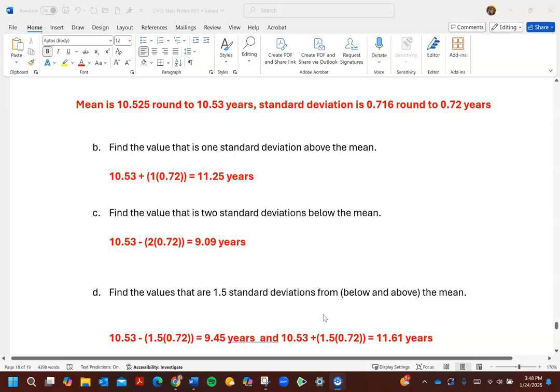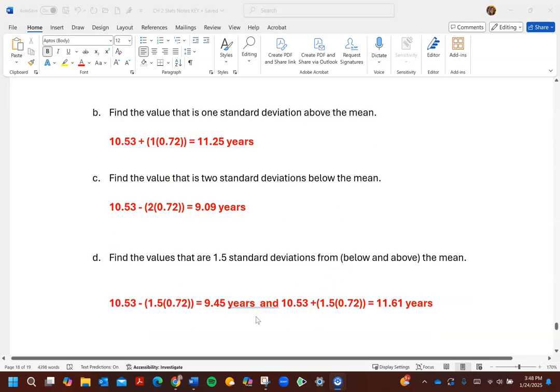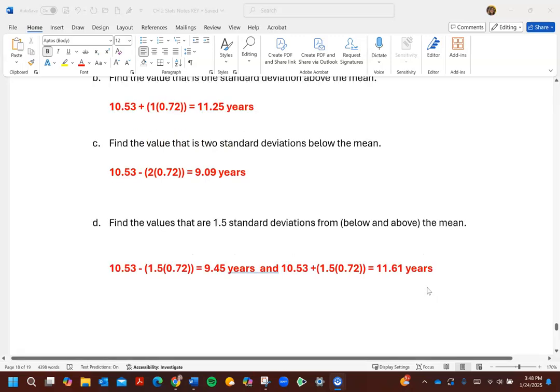And then the values that are 1.5 below and above are 9.45 years and 11.61 years. So with that being said, always make sure you put your units in there so you remember, because mean and standard deviations do hold units but z-scores do not.